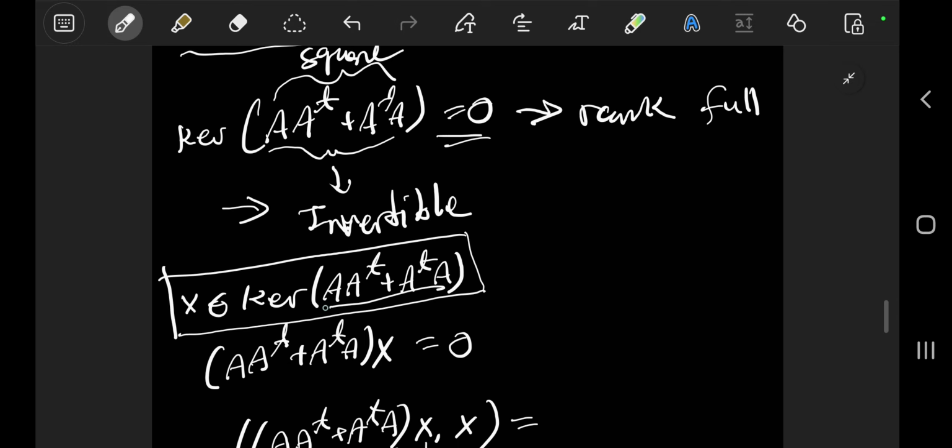Therefore, the kernel of this matrix has only the zero vector, so its dimension is 0. And from the rank-nullity theorem, I can conclude that the rank of this square matrix is full.